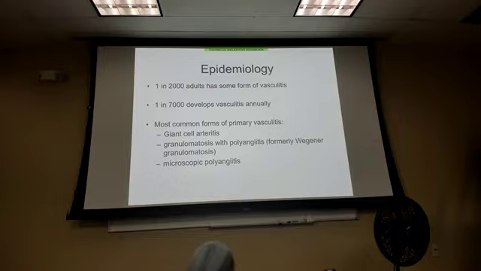We can have what used to be called Wegener granulomatosis, but now it's just got that definition as its name because it does involve some of that polyangiitis. And then you can have microscopic polyangiitis.